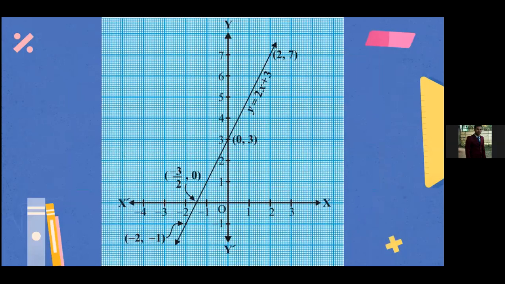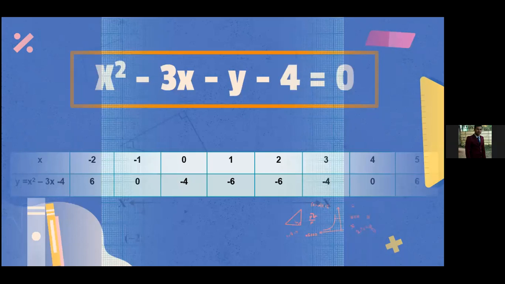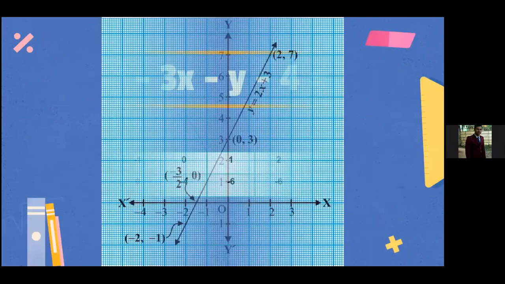In this graph, we have plotted the zeros of the polynomial and we have obtained a straight line, as it was said by the author that a linear polynomial always gives a straight line. Chitra, next.